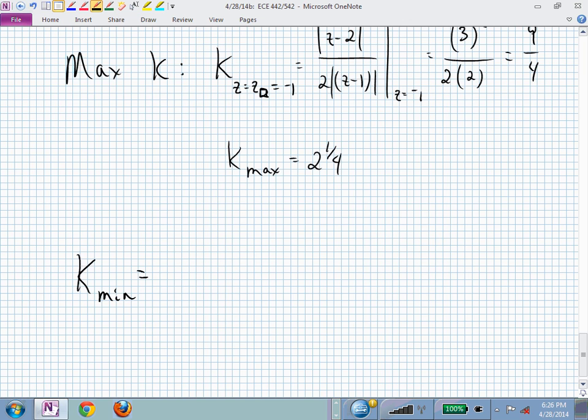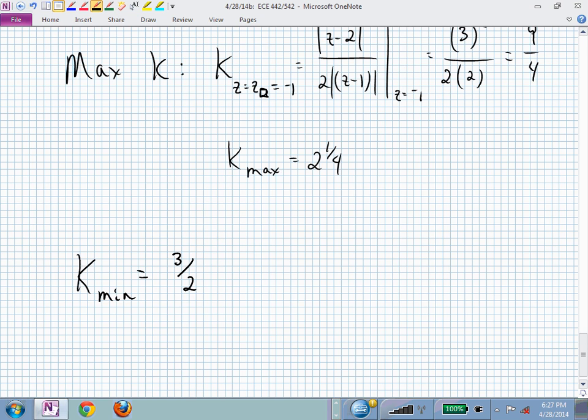How's that? K-min, you can check me on this, is 1.5. So there's not much adjustment in that gain k in this unstable system for this choice of 0 and pole location. You could change that if I now relocated my pole and 0 in that controller.